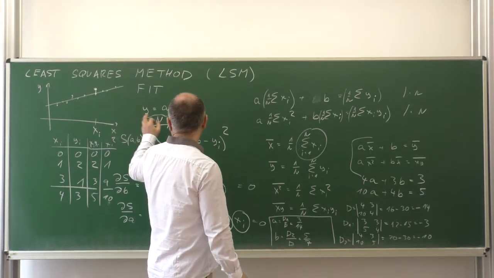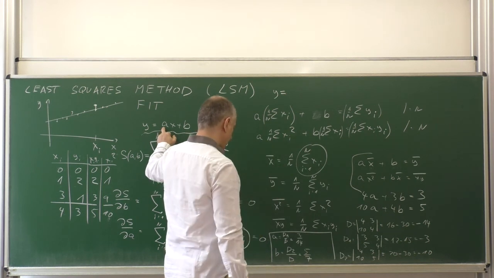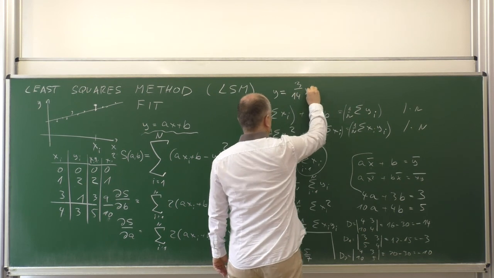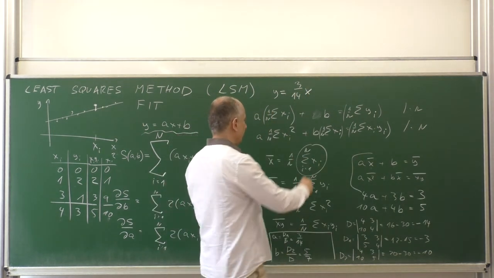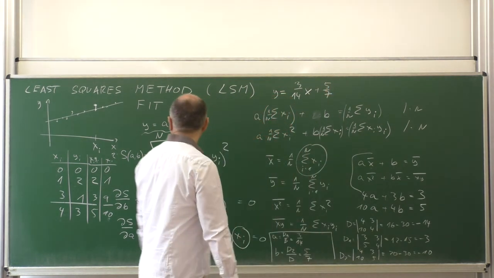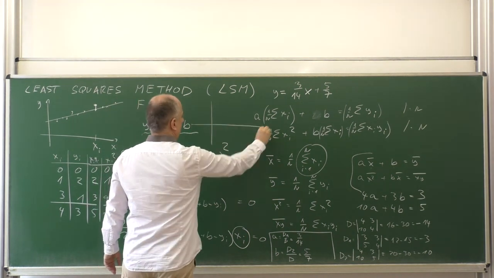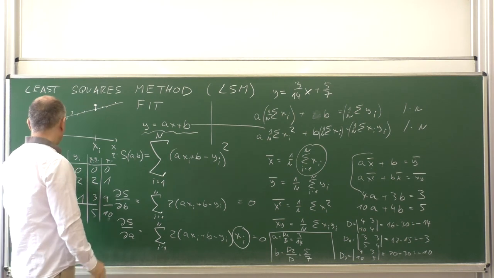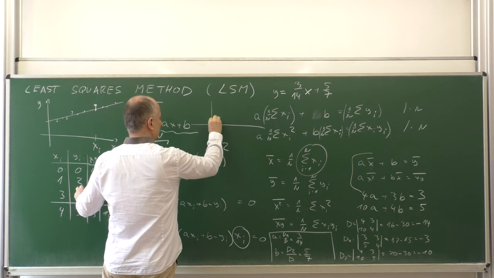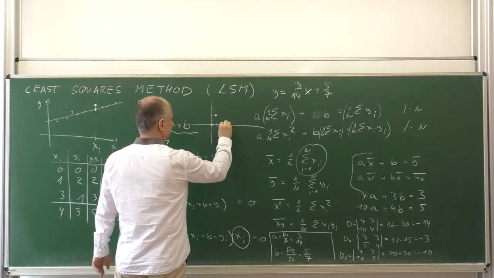Well, so the equation of the line is y is a, which is 3/14, x plus 5/7. Well, and we can plot these points along with the line. 0, 0 is here. 1, 2 is here. And 3, 1 is here.